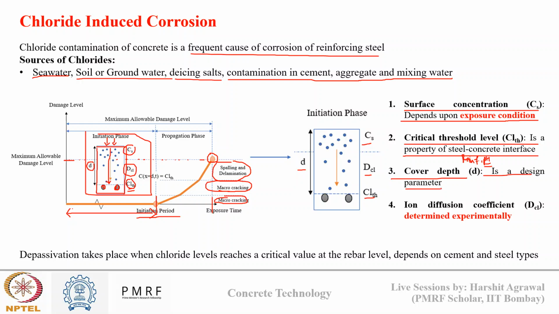It can change from beam, column, slab. And fourth is the ion diffusion coefficient, the rate at which the chlorides will move through concrete, which is determined experimentally. Okay, so here you can see at the bottom, depassivation takes place when chloride reaches a critical value at the rebar, which depends upon the cement and the steel type. So you can say cement paste, because that is what will govern the pH of concrete.